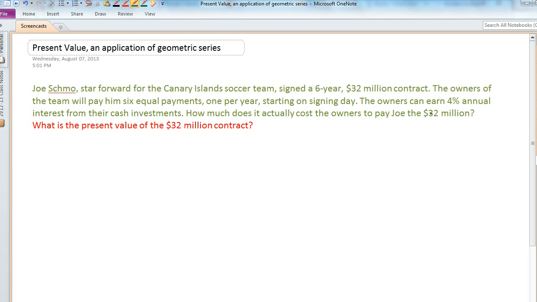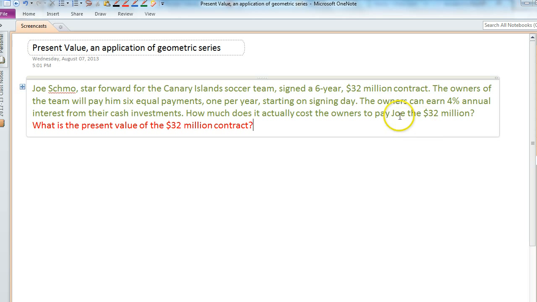And you're going to say, right now, 6 years with 4% interest, it's going to cost me $29.6 million. Oh, okay. Well, I'll pay you $29.6 million instead, and that's how much it's going to cost me to pay Joe that contract. So that's why they use the language present value. How much does it cost you right now to pay $32 million?